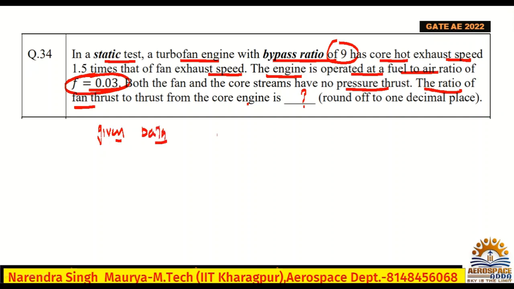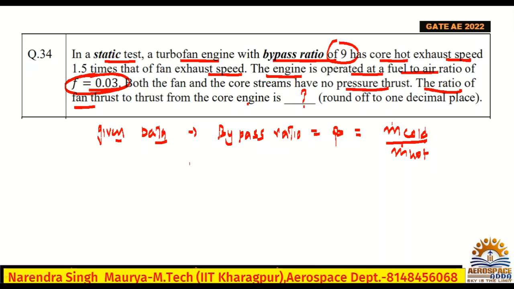That bypass ratio they have given. Bypass ratio is denoted by beta, and it is nothing but the mass flow rate of the cold air divided by the mass flow rate of the hot air. This is the bypass ratio. I'll show you the turbofan engine diagram, so it will be very clear to you. This is the first value.